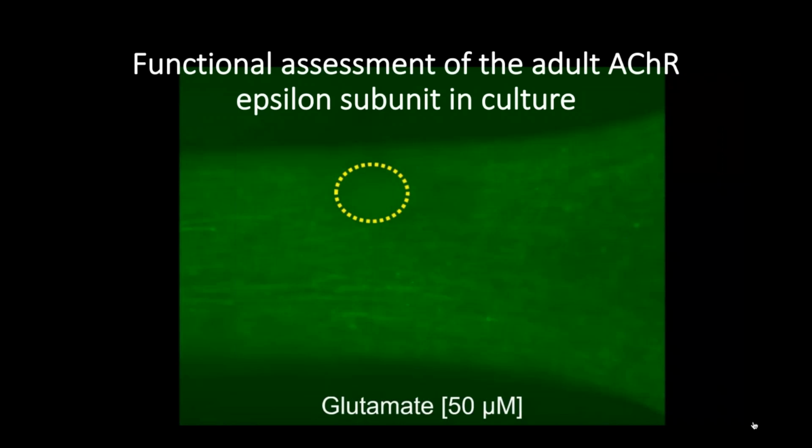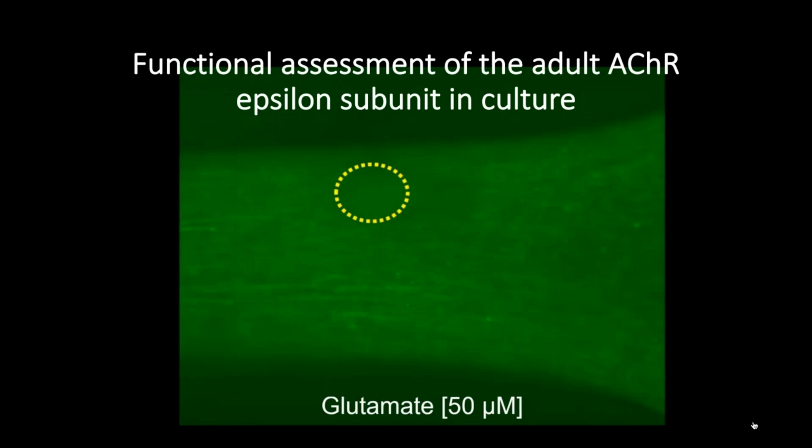In this video, what you're going to see is first stimulation with glutamate to show you which muscle fibers are functionally innervated by neurites splaying out from the motor neuron cluster that in this video is outlined in yellow. This will be followed the next day by a treatment with a peptide inhibitor that specifically binds to the epsilon subunit, and then subsequent stimulation with glutamate.